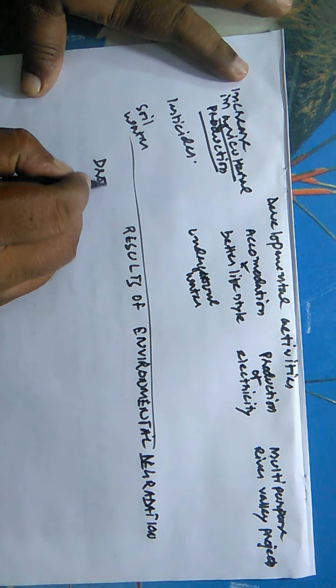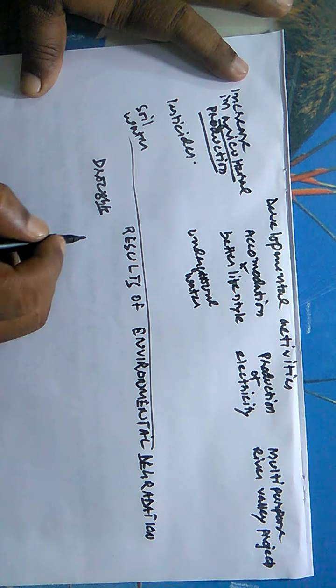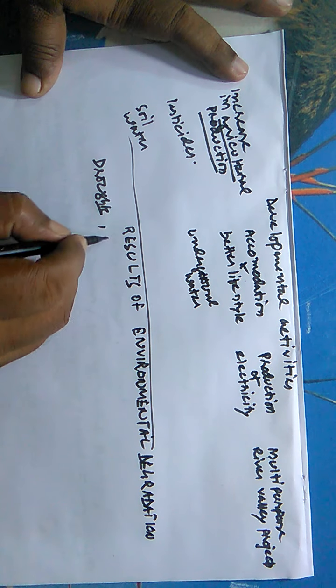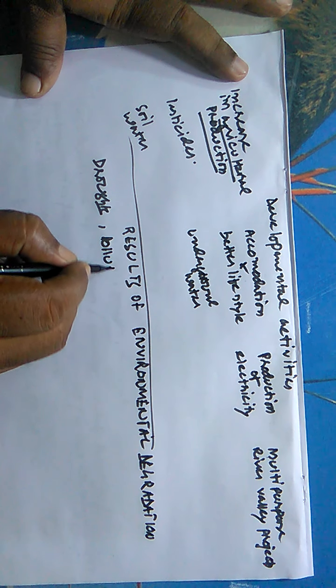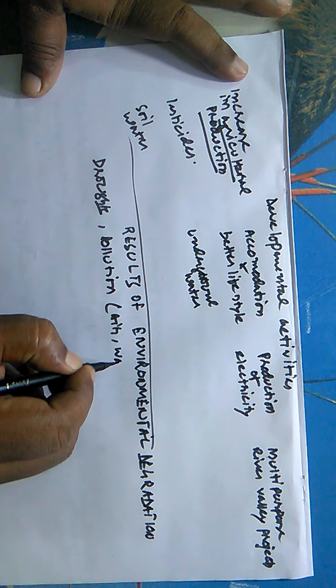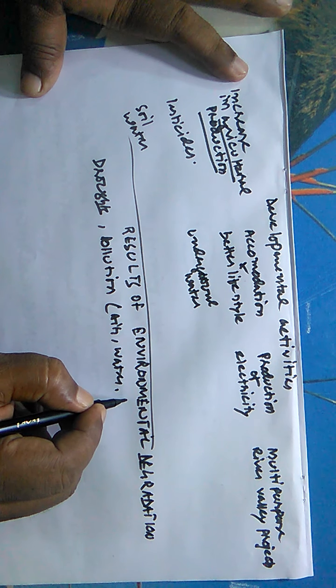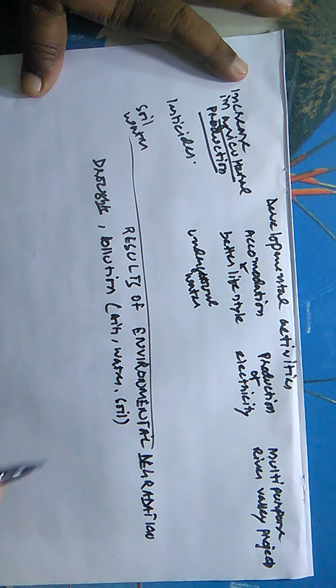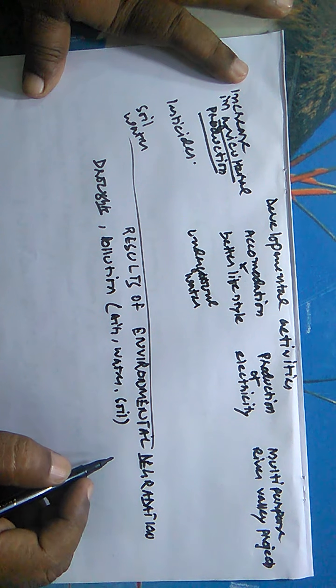First, droughts have become common, pollution of air, water, soil have become common.